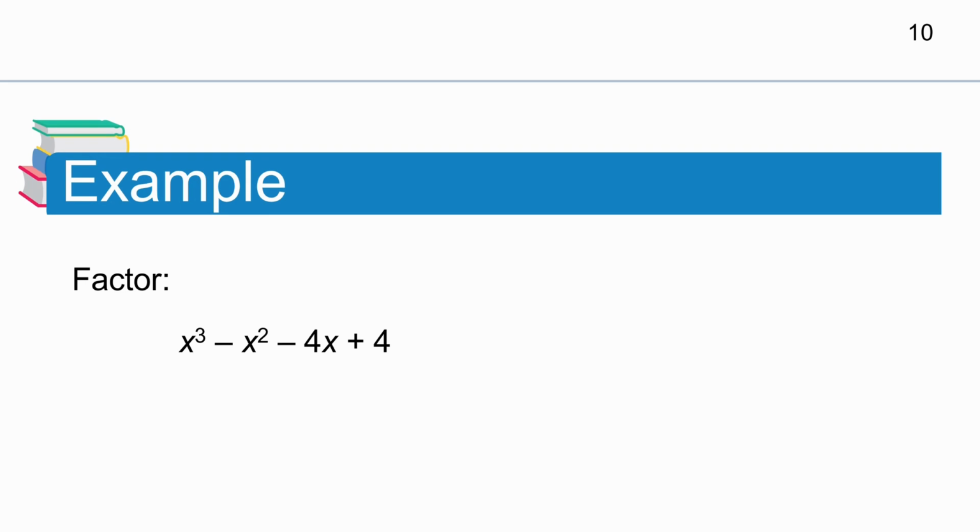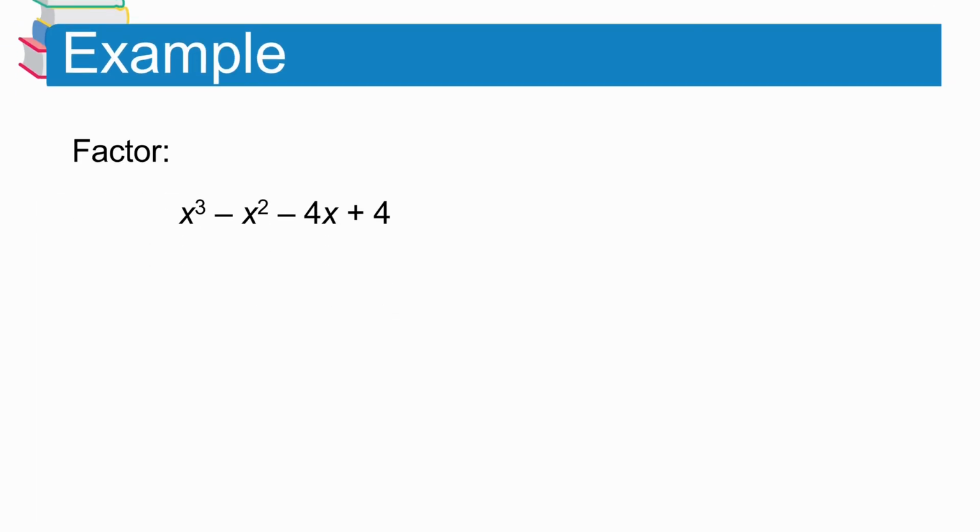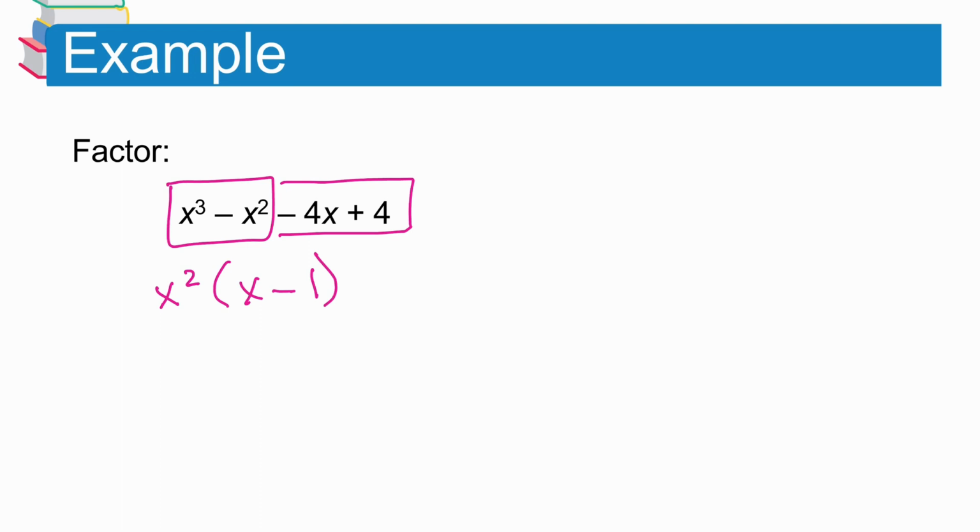Here we can factor this one. And we'll use a kind of grouping technique on this one as well. Basically, I want to look at this part, and then I want to look at this part. On the first part, I could factor out an x squared, and so I will have x minus 1.